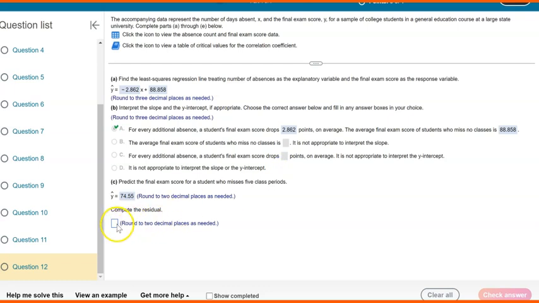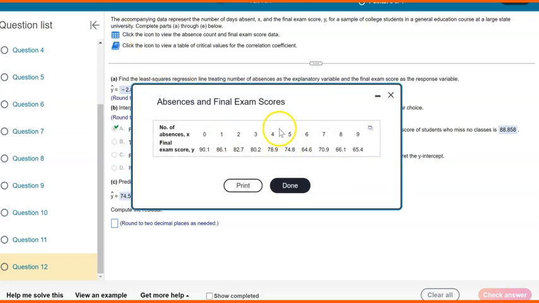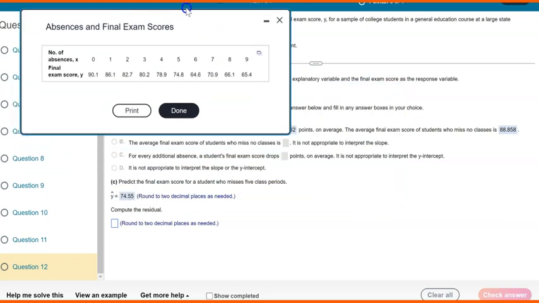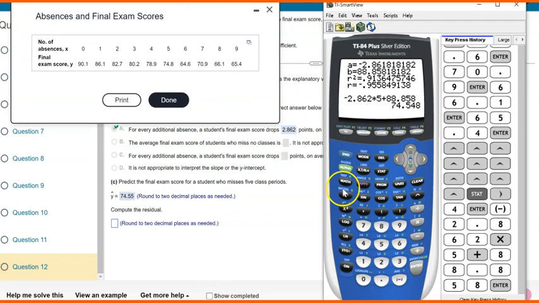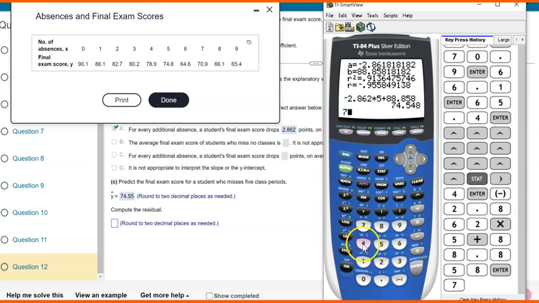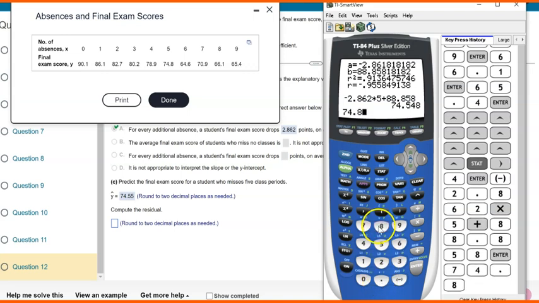Okay, now compute the residual. What's the residual? Residual is y minus y hat. For 5 absences, what is the y value? Let's find it. For 5 absences, the y value is 74.8, because we are looking for the residual for 5 absences, 5 class periods missed.